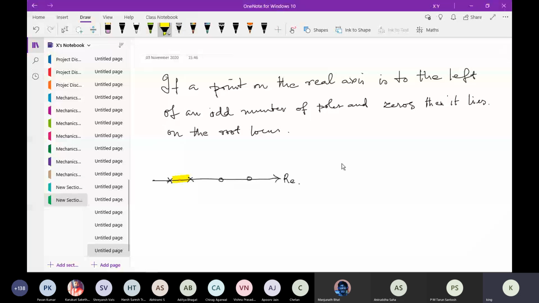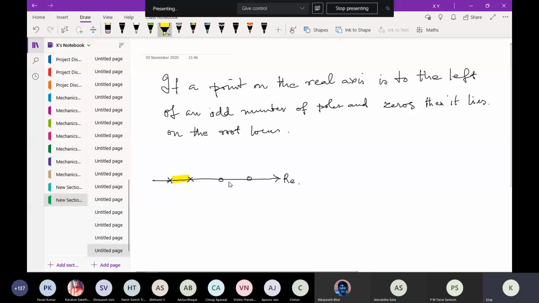Just a moment. Need to clean up. Anyway, I'll use another color.